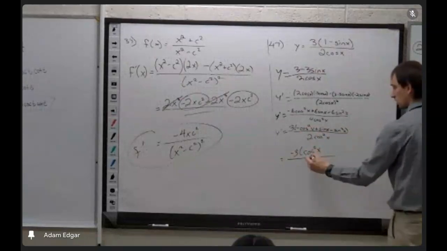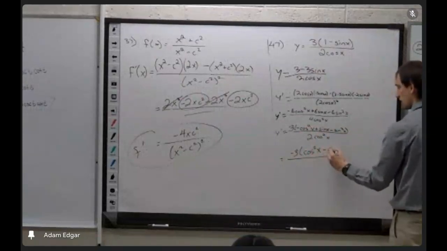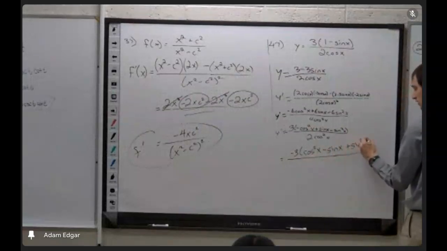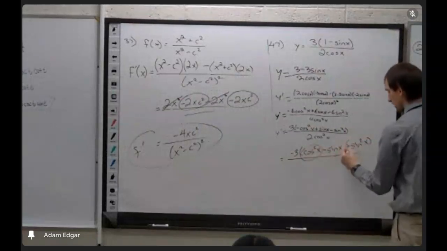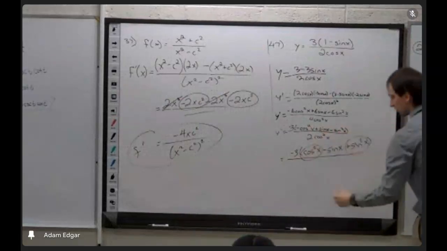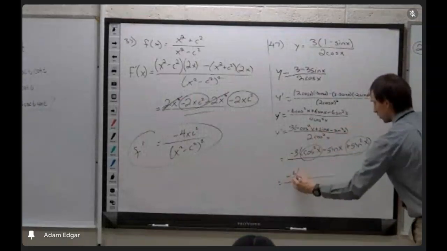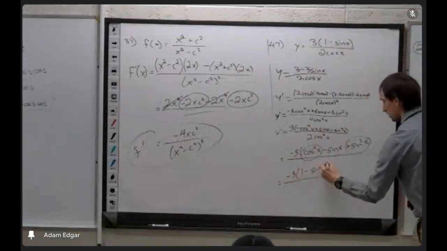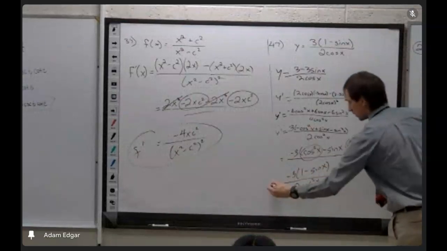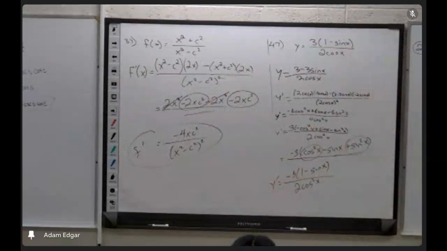Cosine squared x minus sine x plus sine squared x. And what's cosine squared x plus sine squared x? 1. So we have a 1 minus sine x in here. We have negative 3 quantity 1 minus sine x all over 2 cosine squared x. So that would be a simpler way to write this.